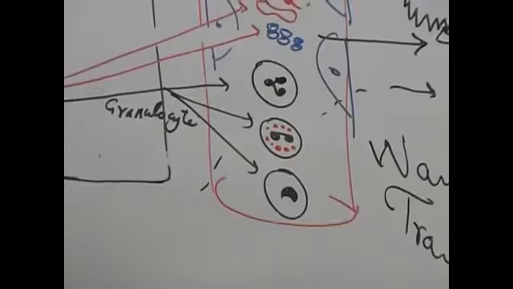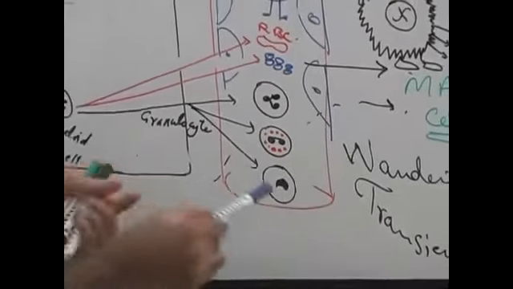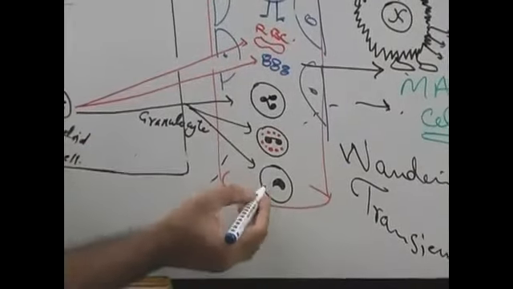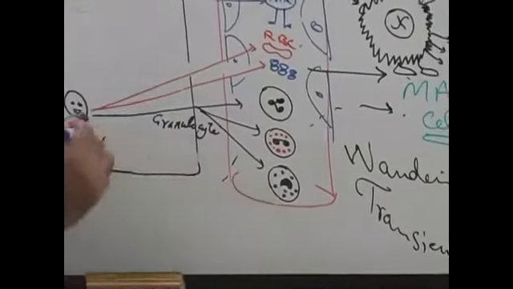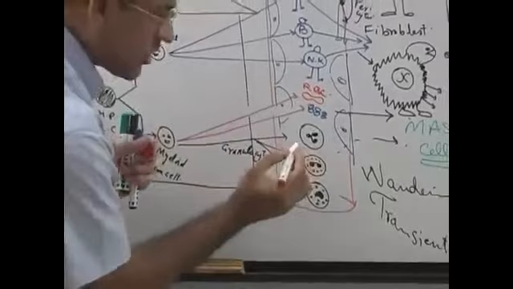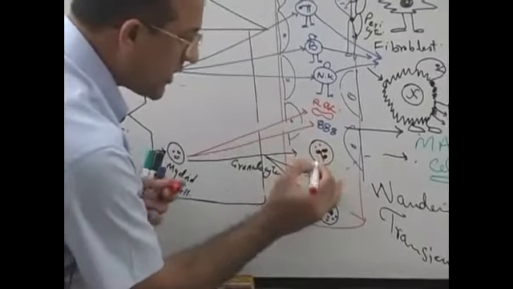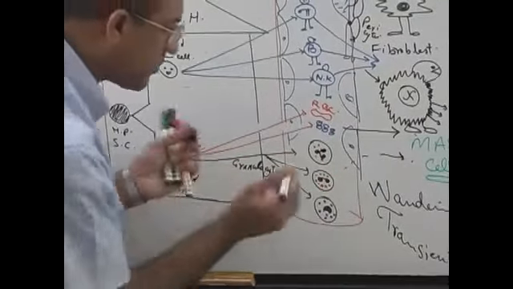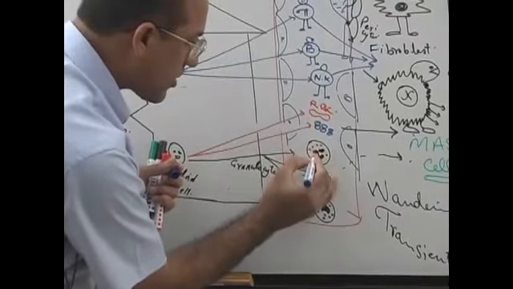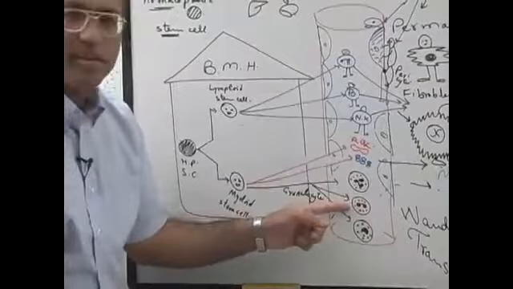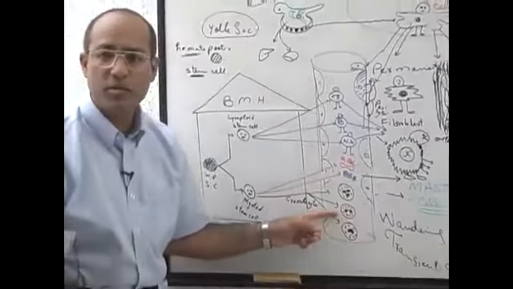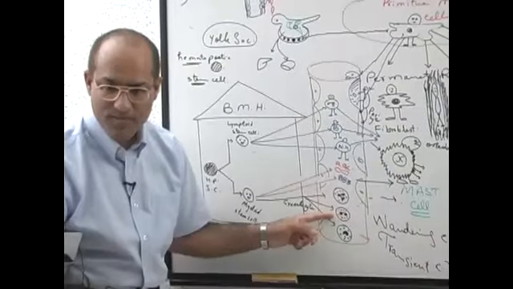Red color, eosinophilic color. And this granulocyte, when it is stained, takes blue color. And this granulocyte has granules where some take blue color and some take red color.